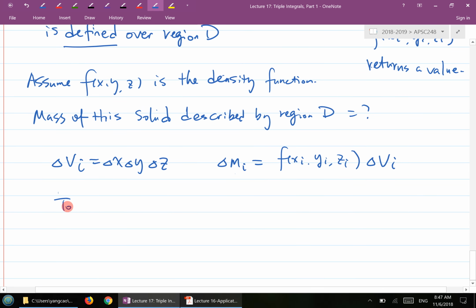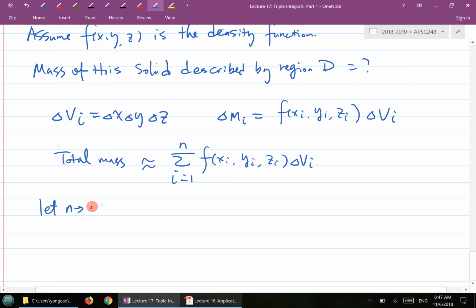Then the total mass will be approximately an addition of the masses of all the cubes inside the region D. When you add them up, you get the estimated total mass. That's the idea of estimation. We did a similar estimation previously when we started covering the double integral.